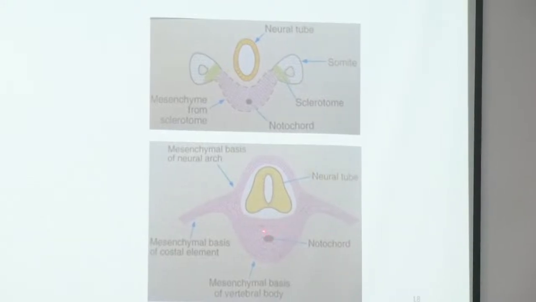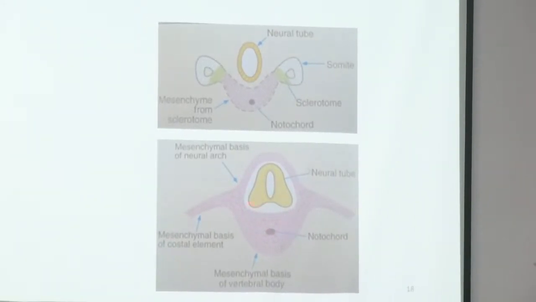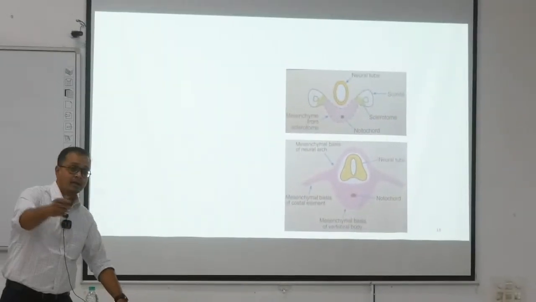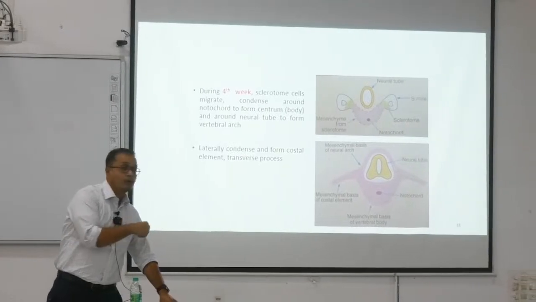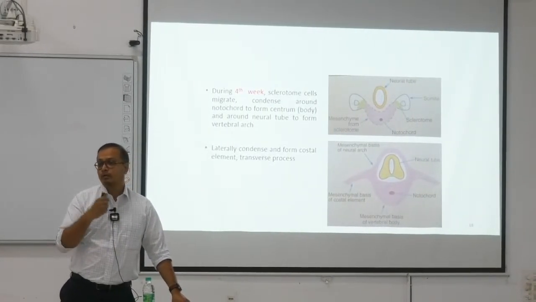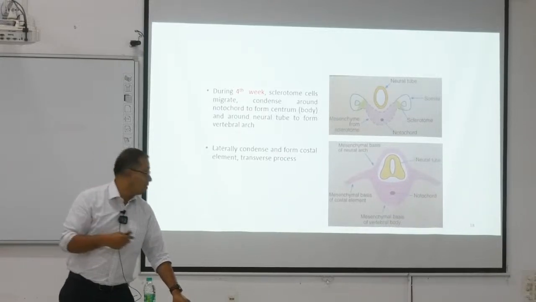And this sclerotome tissue moves in different directions, ventrally, laterally, and forms projections in different directions, like the transverse process and the neural arch around this neural tube. And this is how the vertebra is formed around the neural tube, which is developing into the spinal cord.